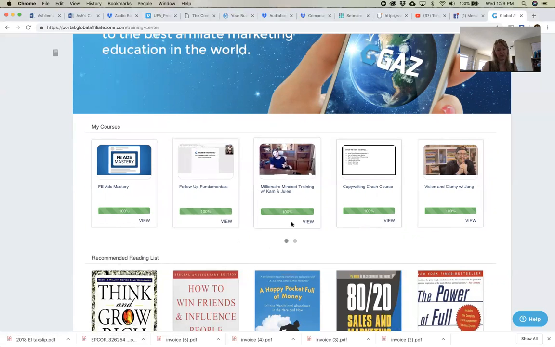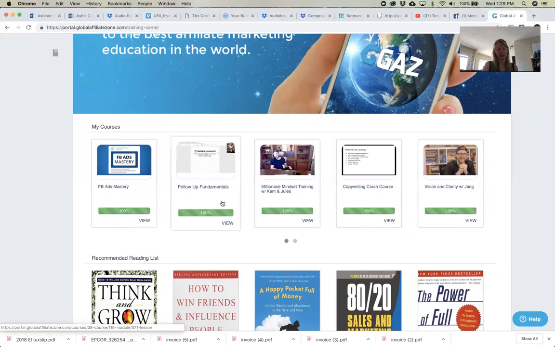The next thing, follow-up fundamentals, is all about email responder. I don't personally use this because the open rate for emails is not great. So we teach our team to use a tool called ManyChat. It's only $10 a month, so it's very inexpensive.